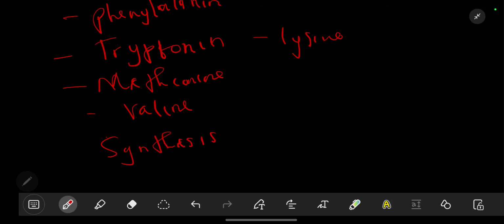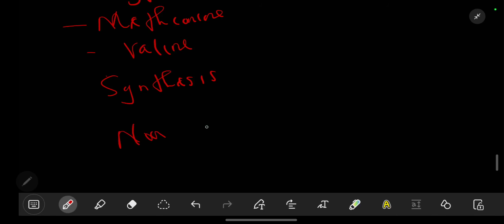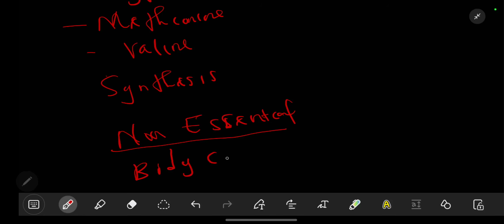Now, when we look at the non-essential amino acids, non-essential does not necessarily mean they are not important. No, non-essential amino acids are those which the body can produce. If the body can produce them, then that simply means they are non-essential amino acids.